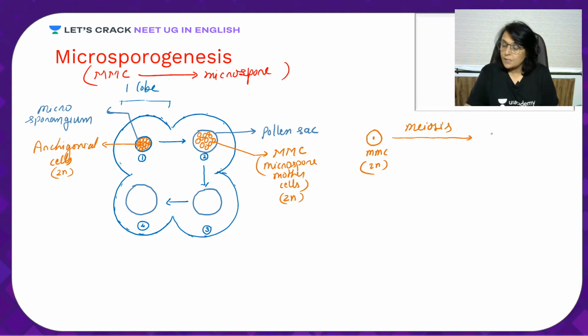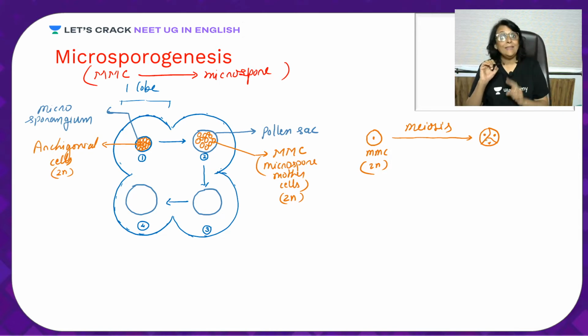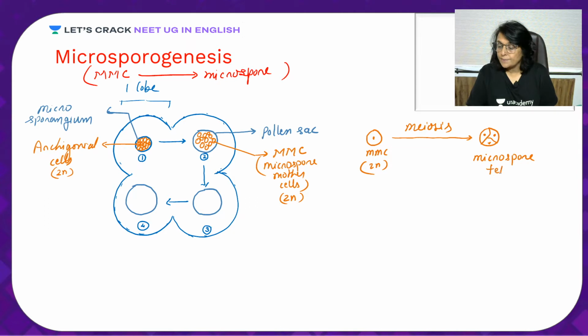So here we will see one cell, second, third, and fourth is on the other side. And these cells are haploid, but all four of them remain together. So this is called a microspore tetrad.